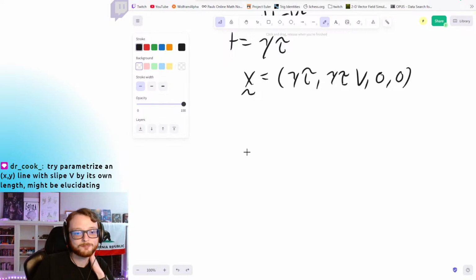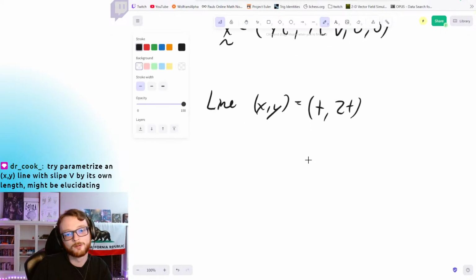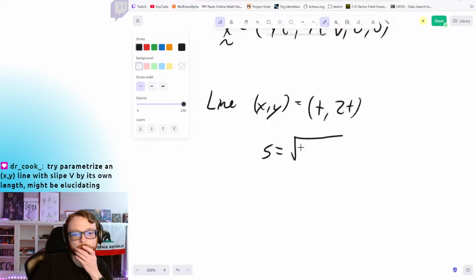So if we define a line parametrically with, say, t and 2t, and we want to parameterize it by length. Yeah, okay. So radical 5, right? 5 or 3? Oh yeah, 5.